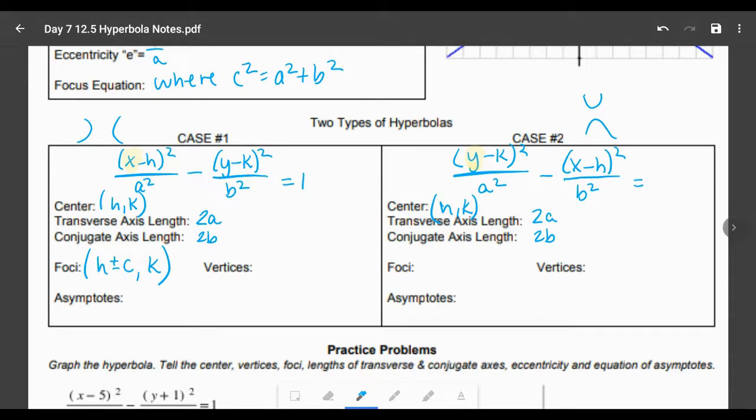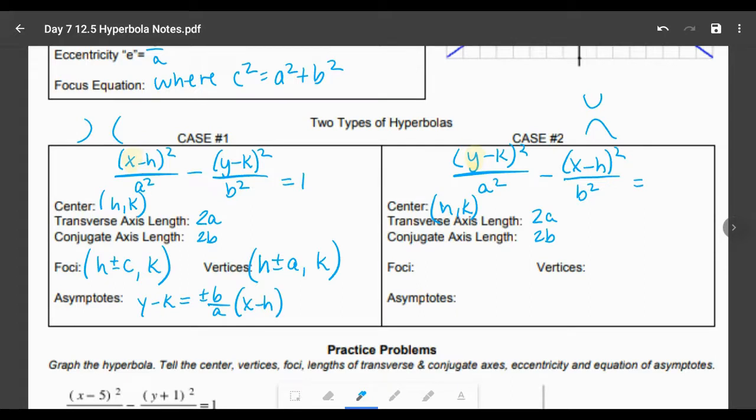The vertices are h plus or minus a, comma k. And if you recall that a has to be less than c, c indicates that the foci are further away from the center than the vertices are. All right, the asymptotes, we'll talk more about these when we get to a graph, but the equations are y minus k equals plus or minus b over a times the quantity (x minus h).